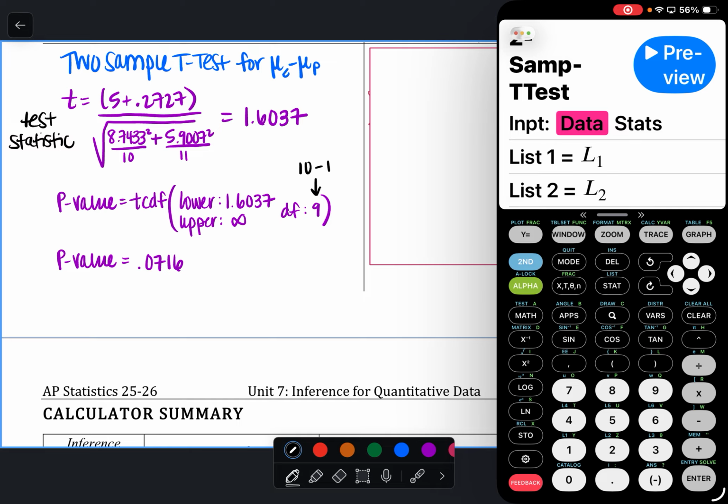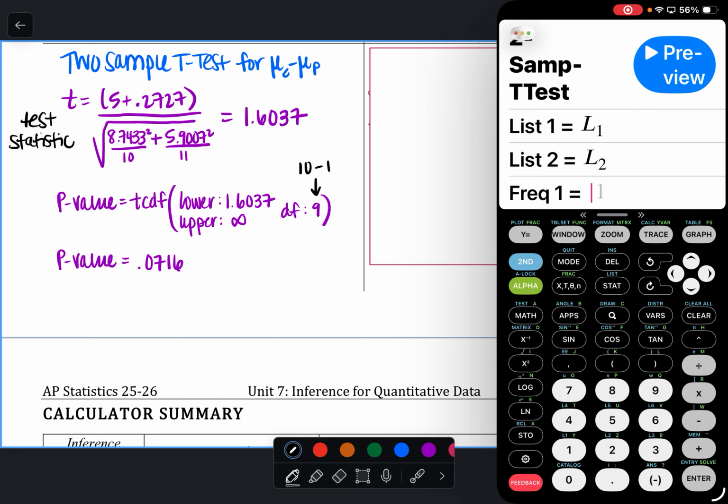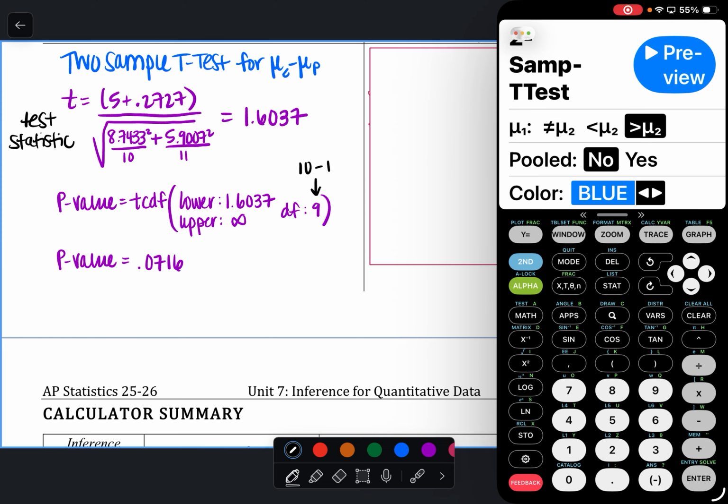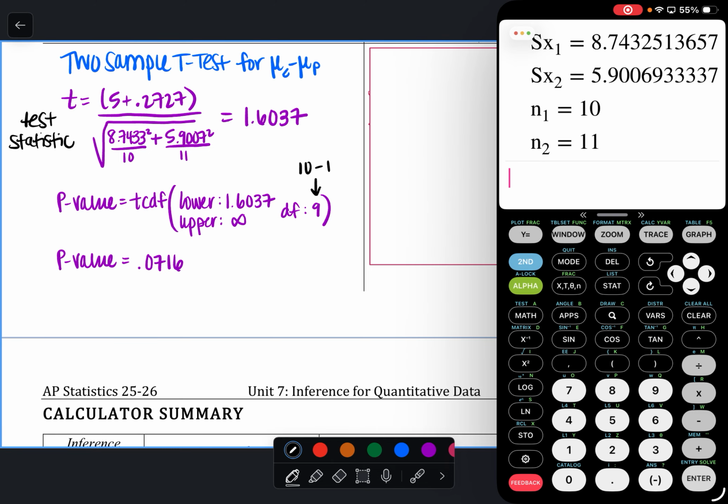And then you tell it what lists you have. Mine will be L3 and L4. And then you say frequency 1, you pick your alternative. I want mu1 to be bigger than mu2. Always say no to pooled for these and hit calculate.